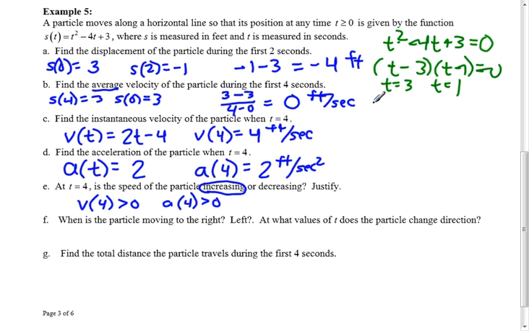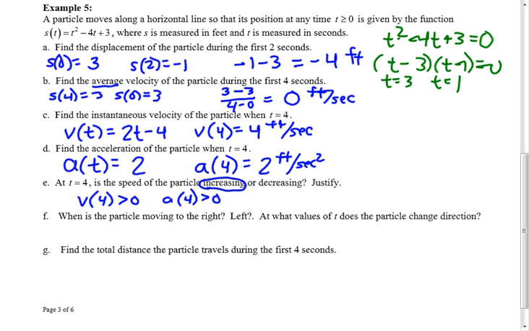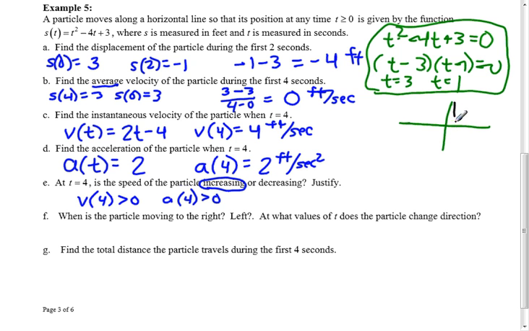Actually, let me just change my mind right here. I just thought about something. What does this function look like? We just found out that it crosses the x-axis at 1 and 3.